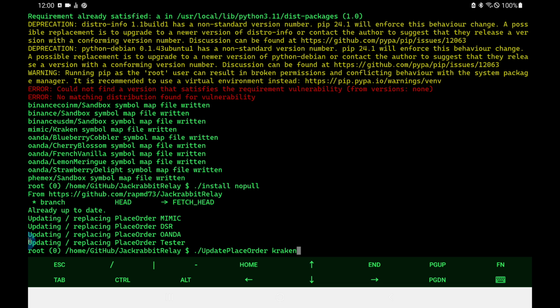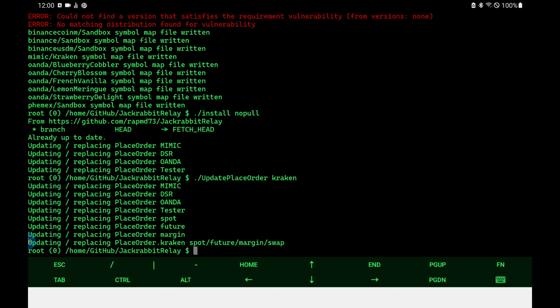And then you list out the exchange names, and it will go through the process of creating all of those functionalities. Now we get into the actual components of Mimic itself.